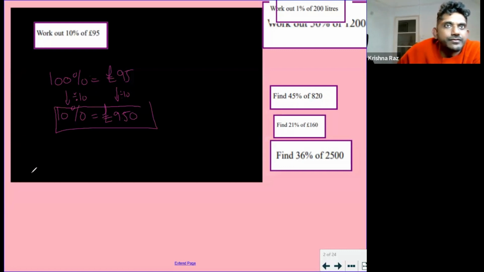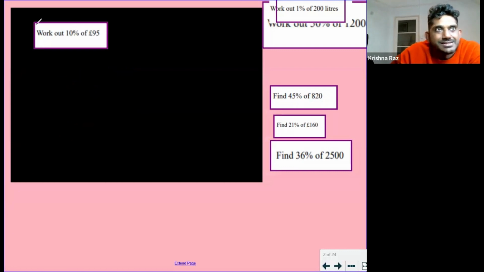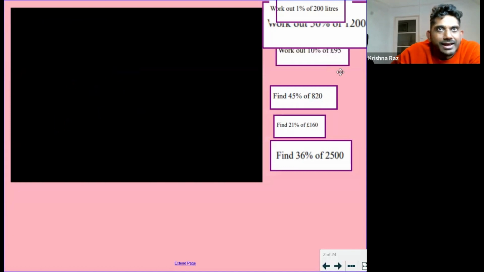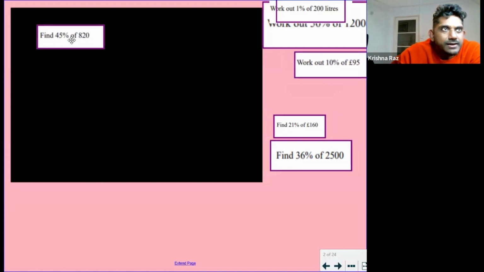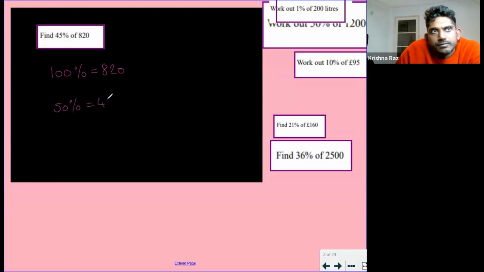So the next few will have to mix, we'll have to break down the 100% a couple of ways. So 45% of 820. Well, we know what 100% is. By halving that, I'll get 50%. And if I divide 50% by 10, I'll get 5%.